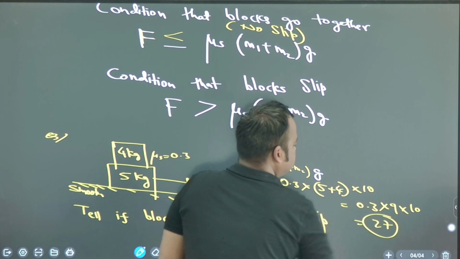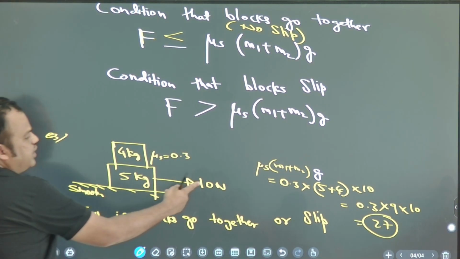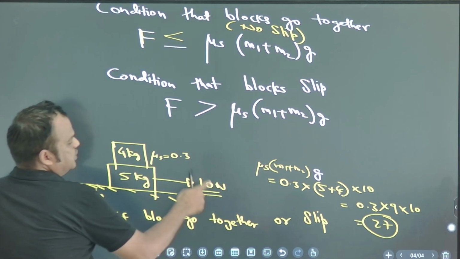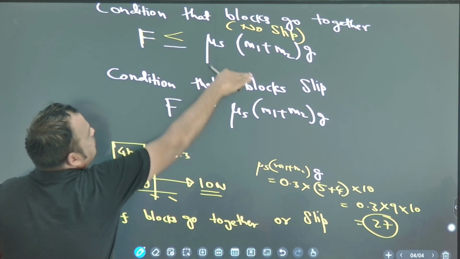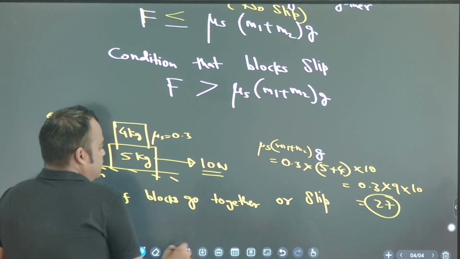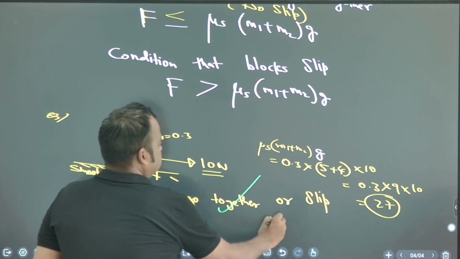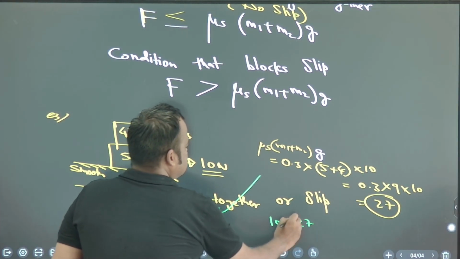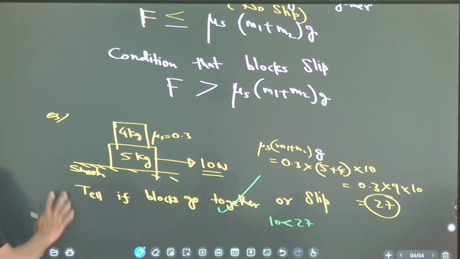What is the answer? 27. And you are exerting 10. So 10 is less than 27, so no slip. No slip means they go together. Correct?